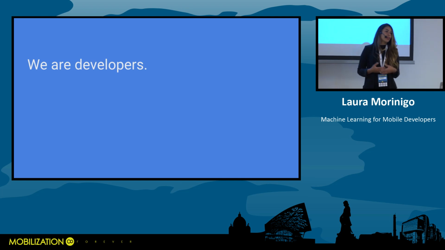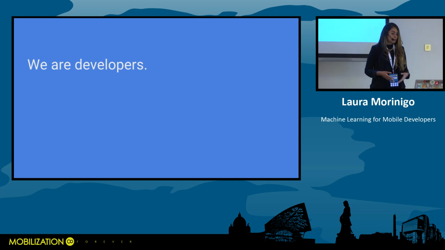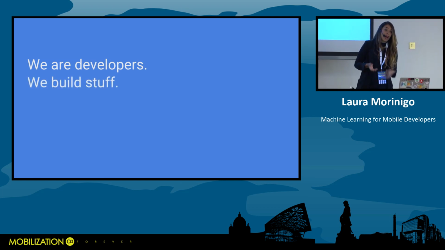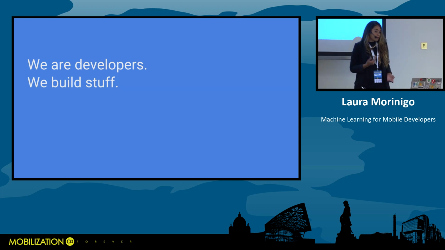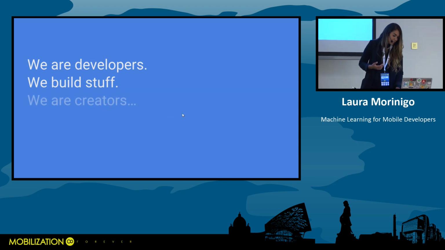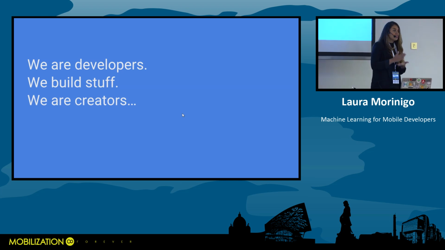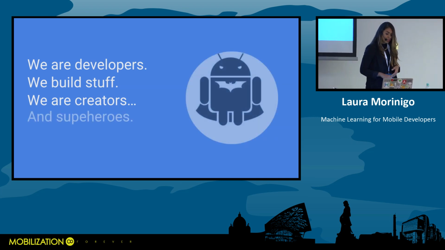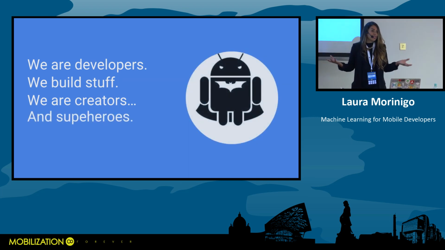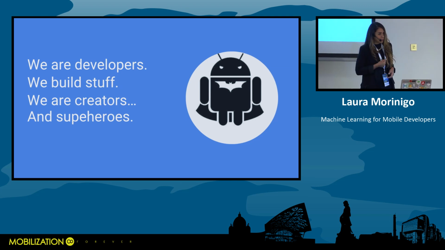Every time people ask me, are you a software developer? Yes. But wait, I build stuff. For me, that is about creating things. So don't stop being creative. Right now, we have a lot of resources to check. And of course, if we create things, we have the power to be superheroes. So thank you so much.